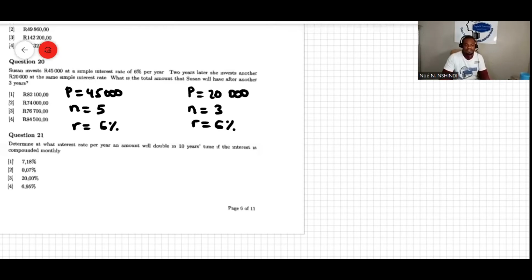Now, the question is, what is the total amount that Susan will have after another 3 years? We know the formula here: the interest is given by PRN. So the first interest will be 45,000 times 0.06, which is 6%, multiplied by 5.